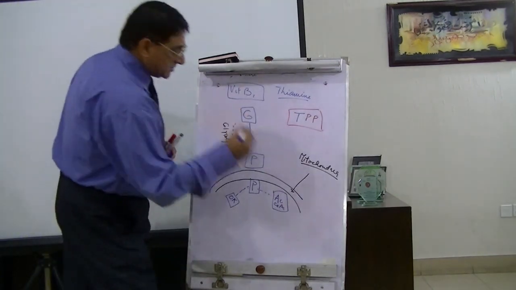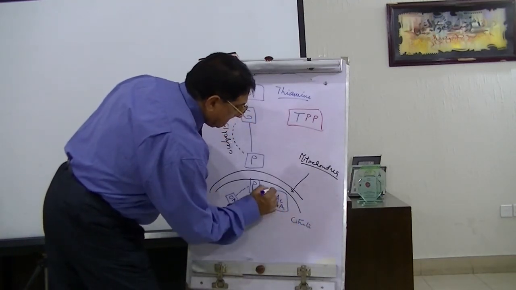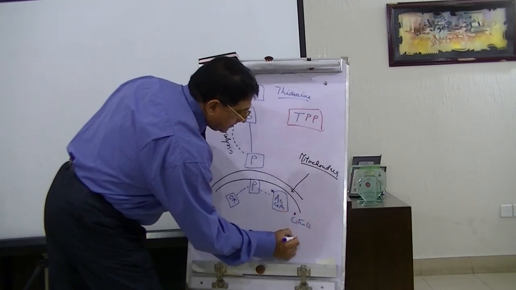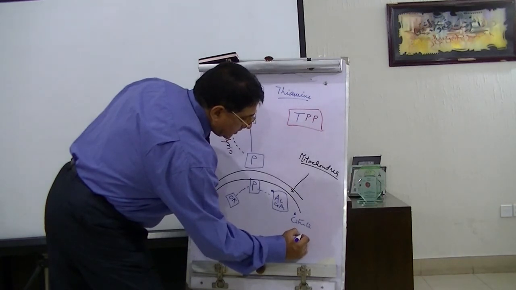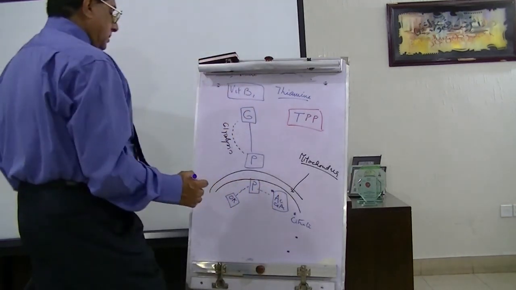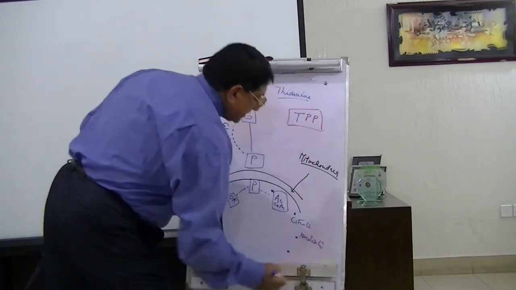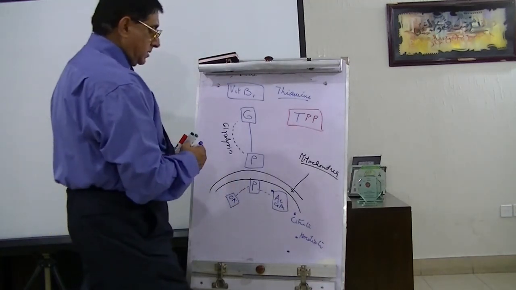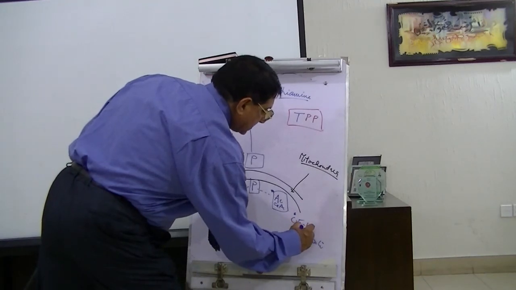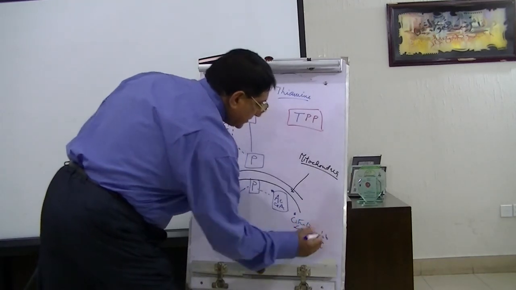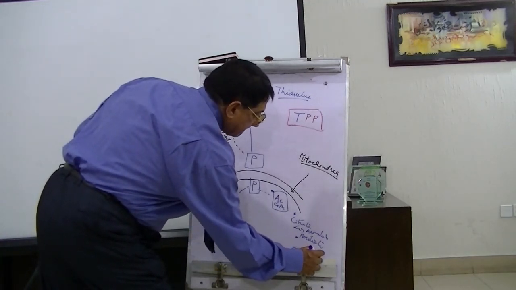Then you've got certain reactions that convert to citrate, which is converted to isocitrate, cis-aconitate, oxalosuccinate, and repeat again.